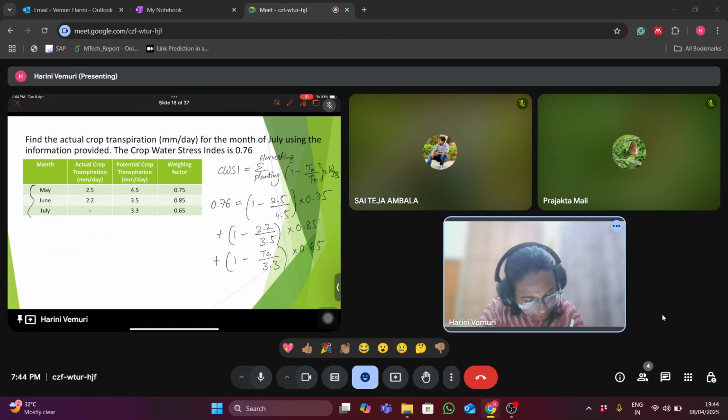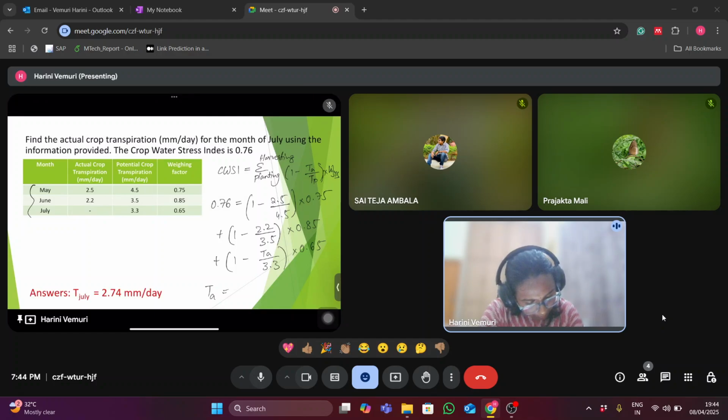So once you do the calculation, TA for July will be equal to 2.74 mm per day. If you remember, all the values are in mm per day, so the resulting value also will be in mm per day.